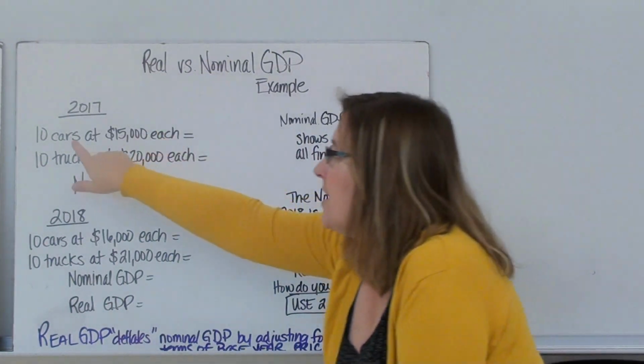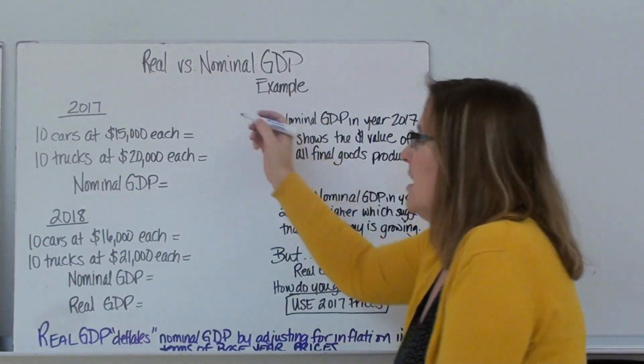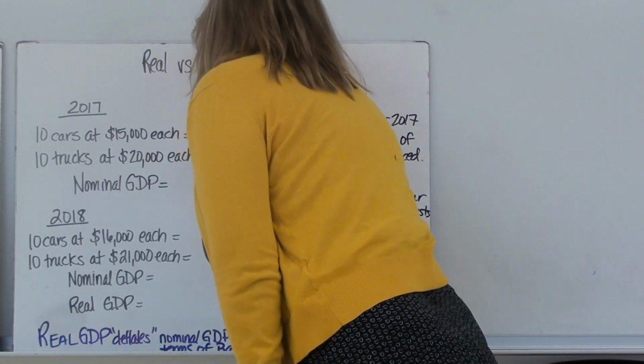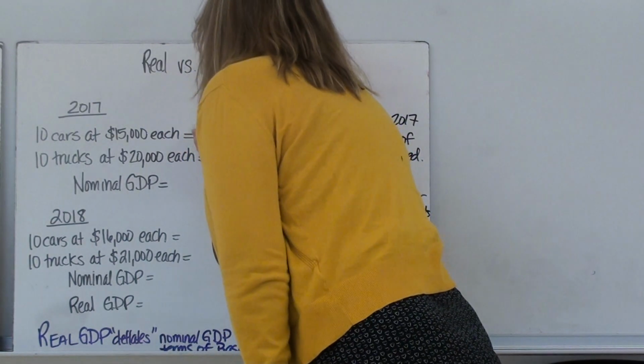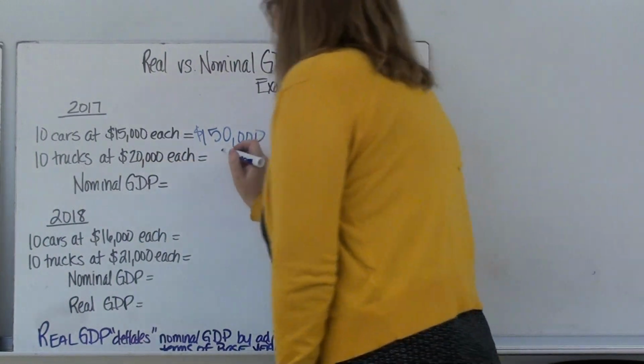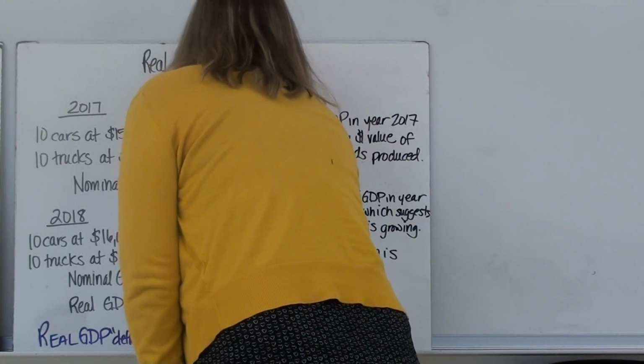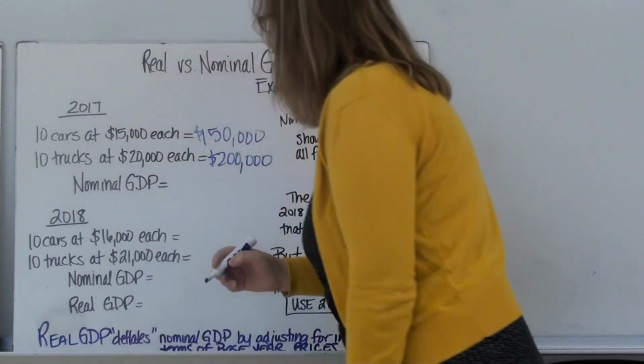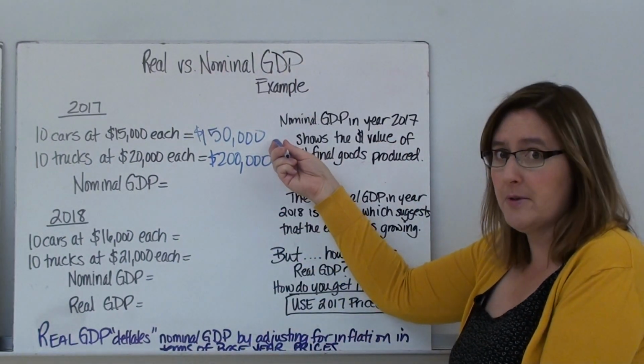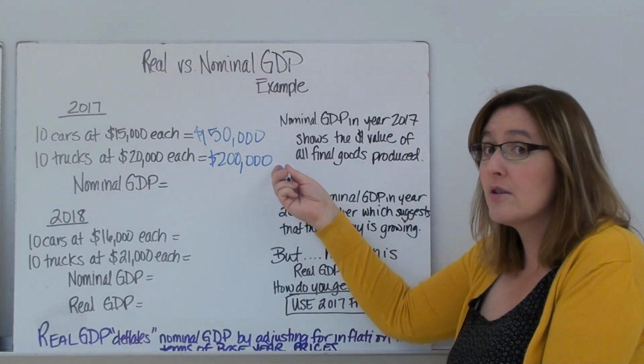was produced. So 10 times 15,000 is 150,000. And 10 times 20,000 is going to be 200,000. So that's the dollar value of the cars that were produced. That's the dollar value of the trucks that were produced.